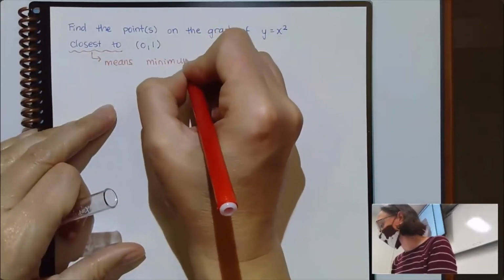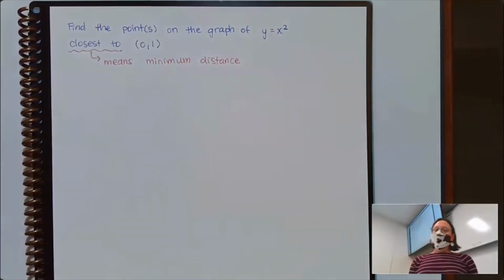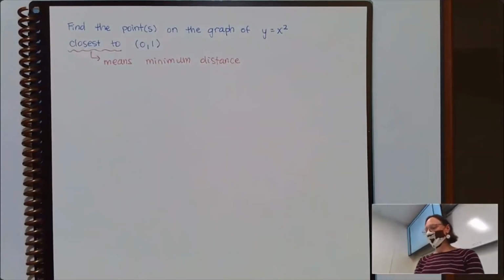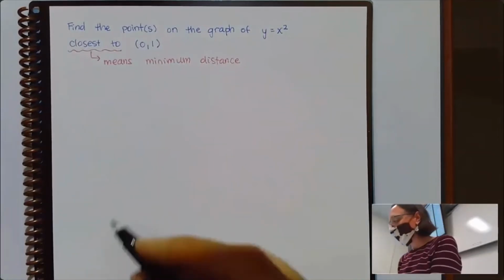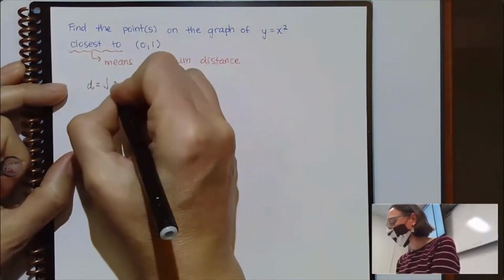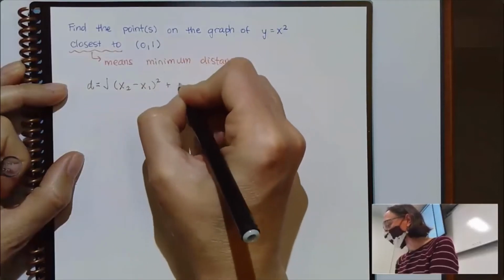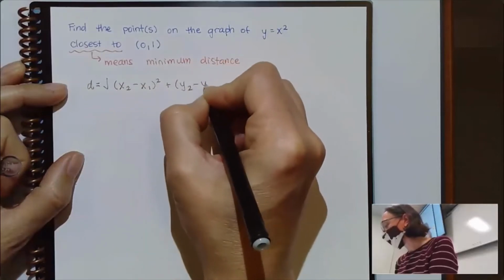We're going to need that good old distance formula. So our distance between 2 points is the square root of x2 minus x1 squared plus y2 minus y1 squared.